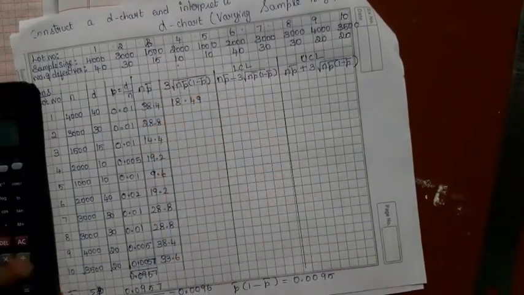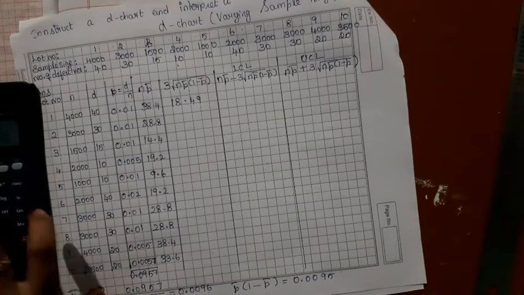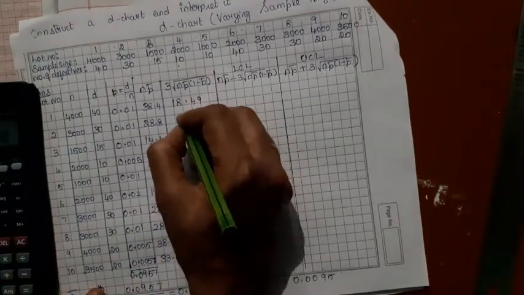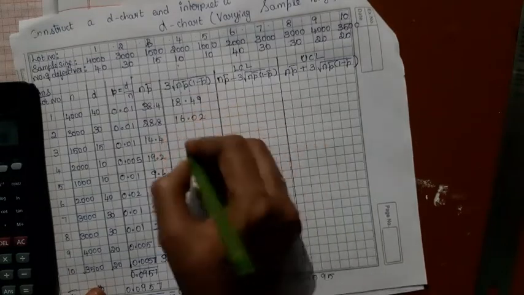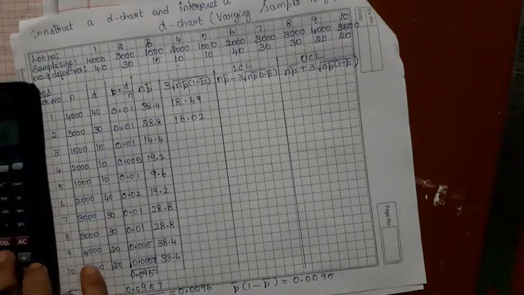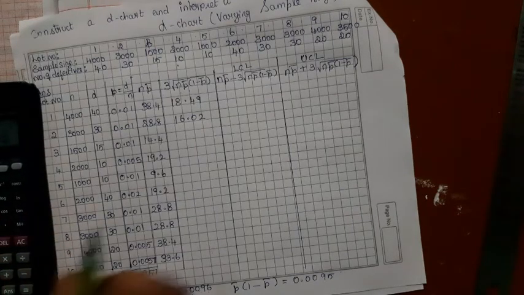Okay. Now 0.0095 into 3000, take square root, multiply by 3 and take down the answer, 16.02.